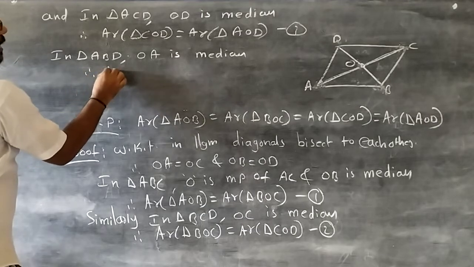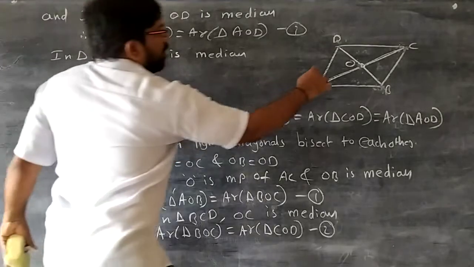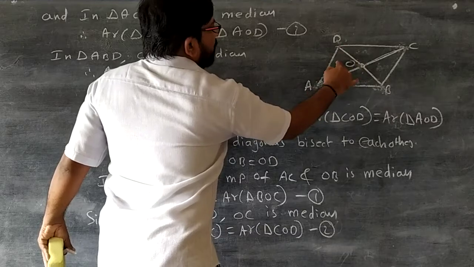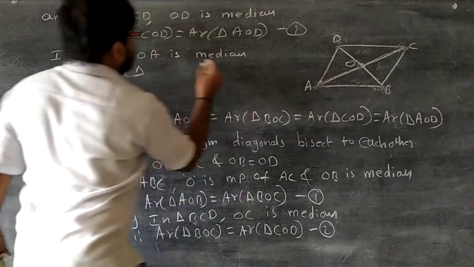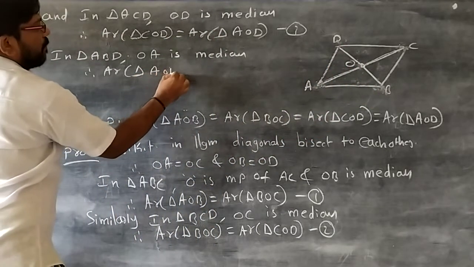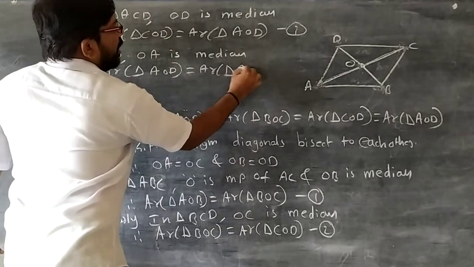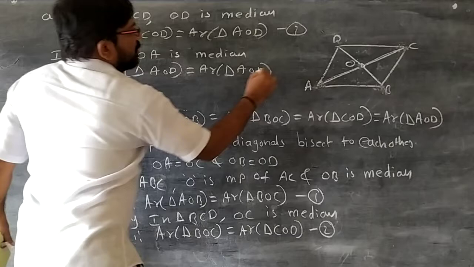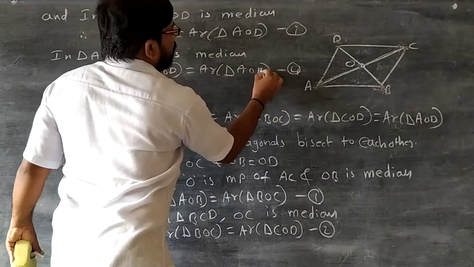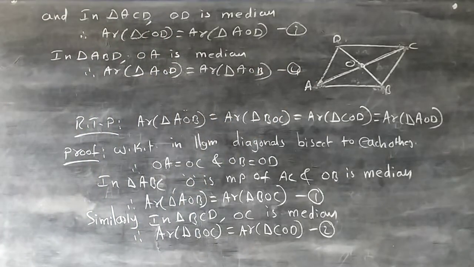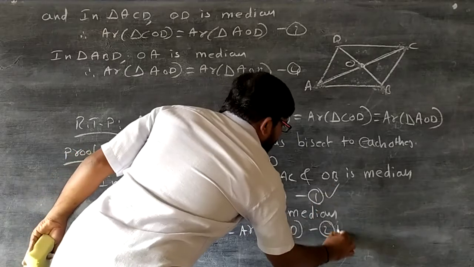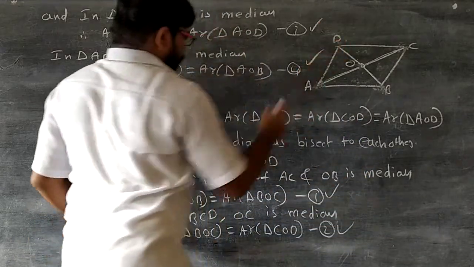Therefore, area of triangle AOD is equal to AOB. Right? Say 4. So observe carefully. The first one, second one, third one, fourth one.